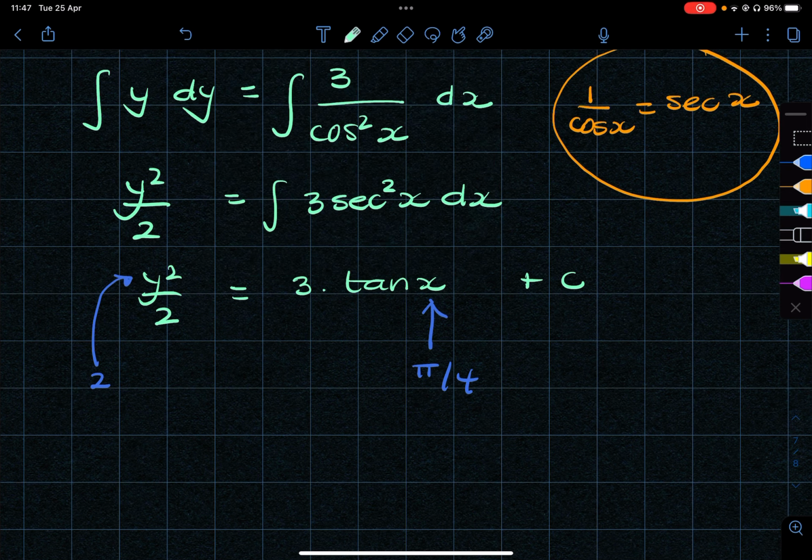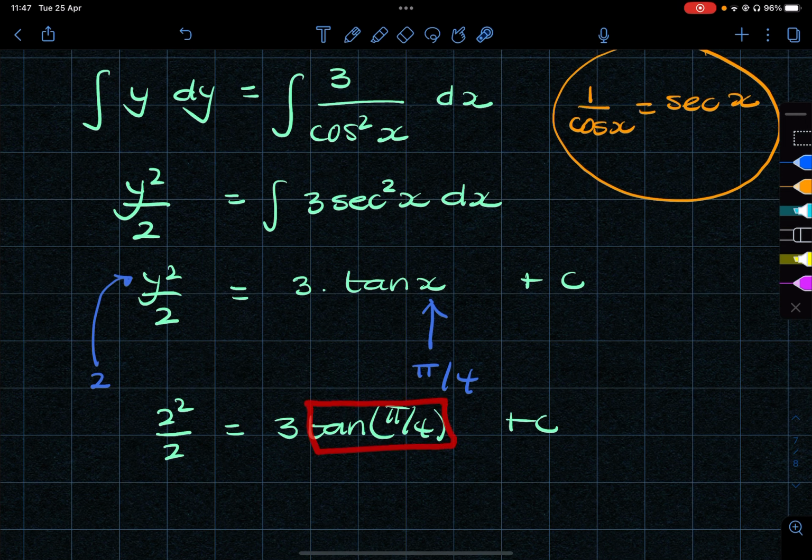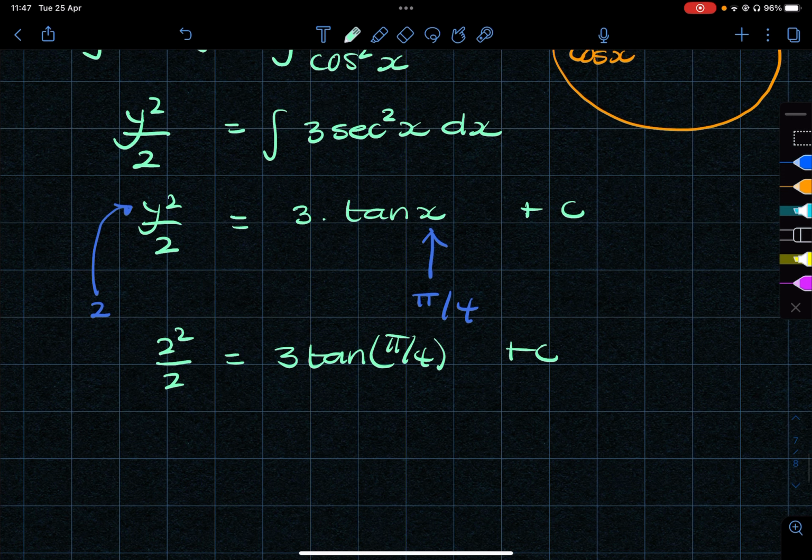That will give you 2 squared over 2 equals 3 tan pi over 4 plus c. Now, tan pi over 4 is 1, and 4 over 2 is 2. So 2 take away 3 is minus 1. That's your value for c.